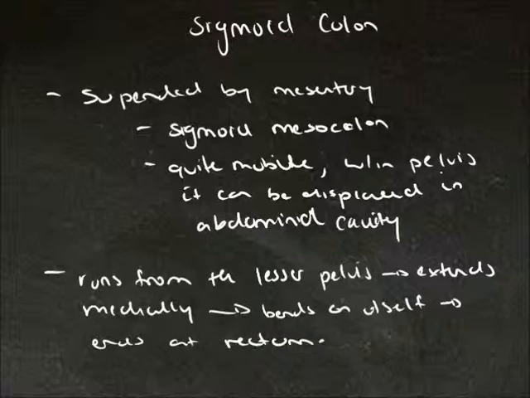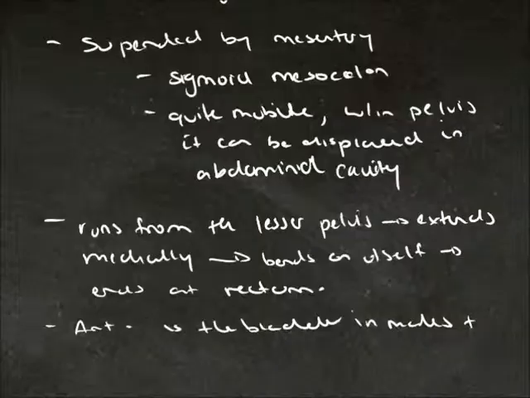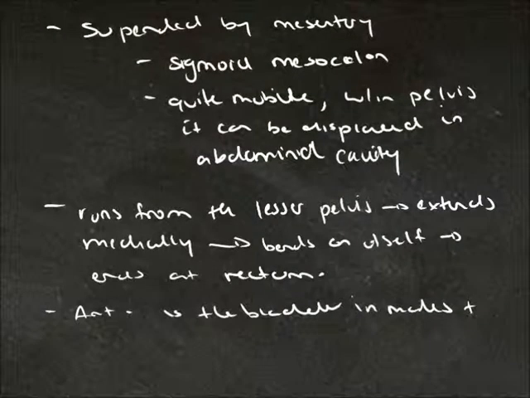Anterior to the sigmoid colon in males is the bladder, and in females, the uterus is anterior to the sigmoid colon.